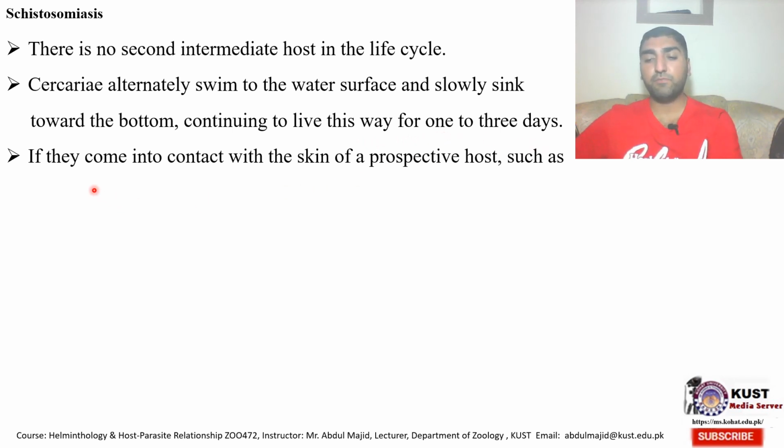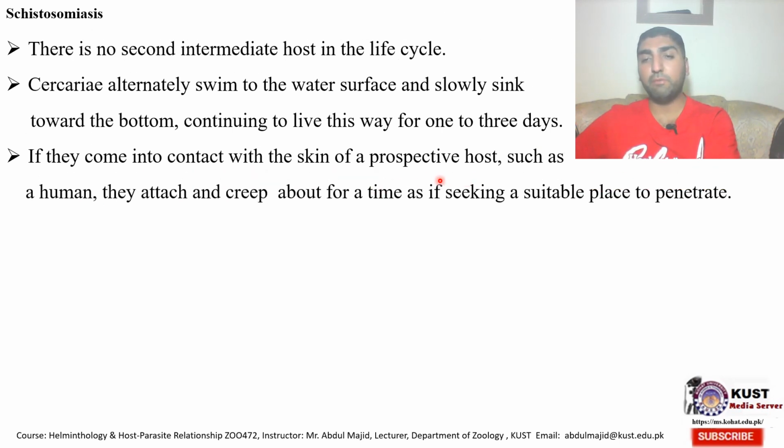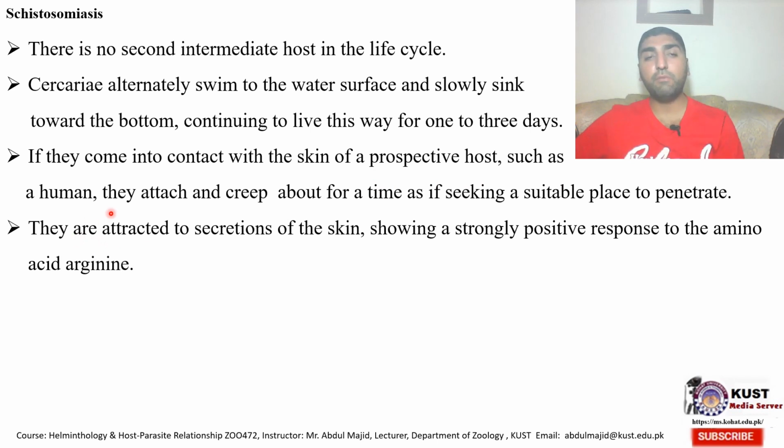After that, if the cercariae come in contact with the skin of a suitable host, such as a human being, they attach and slowly creep on the surface of the host, seeking a soft or cracked part where they can easily penetrate into the skin of their definitive host, the human being.